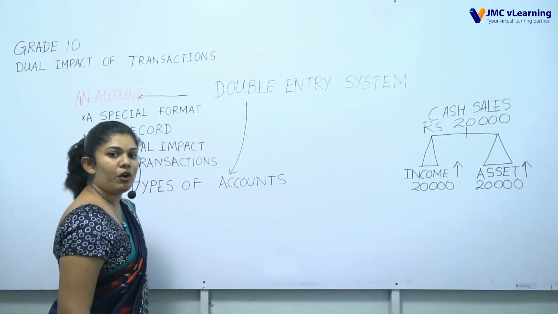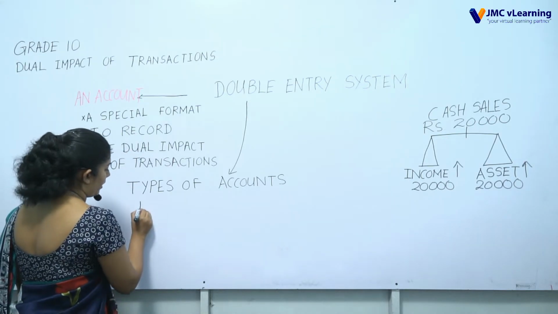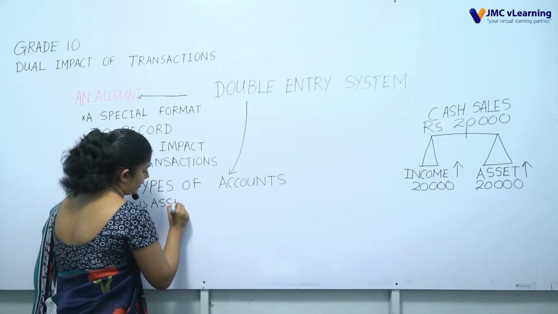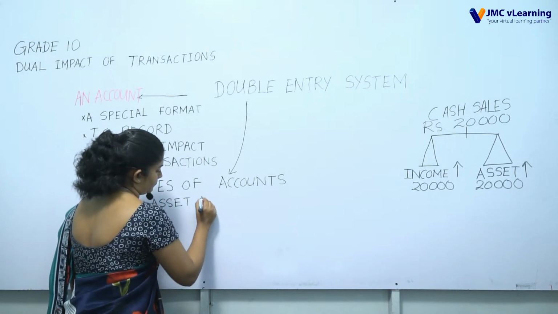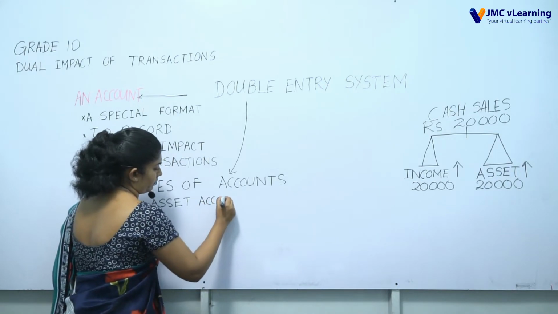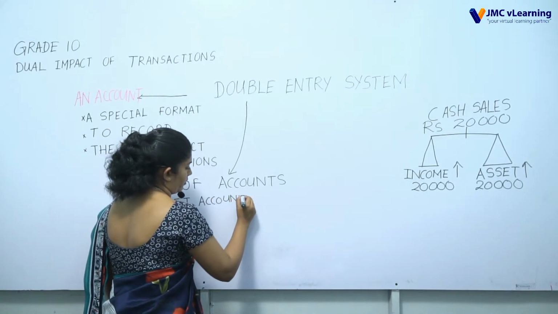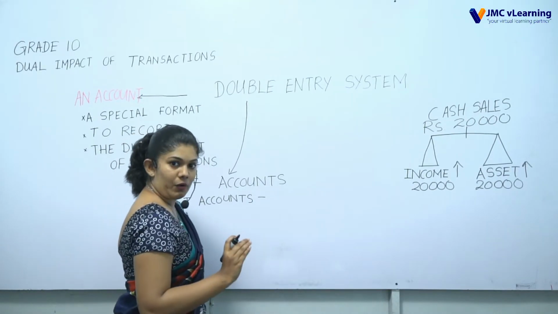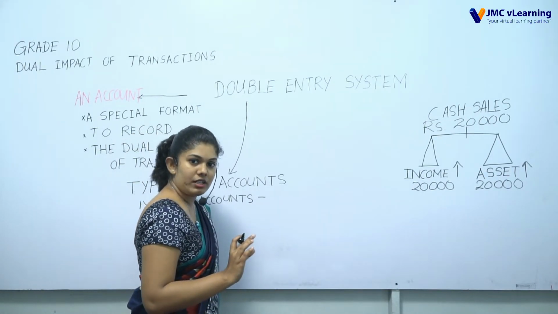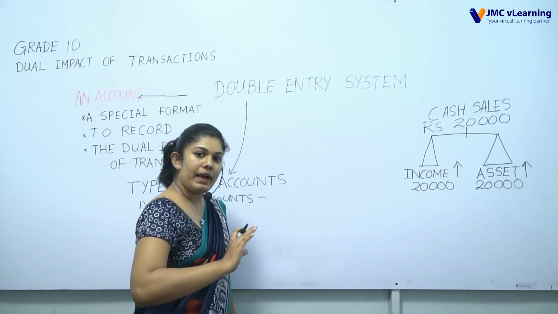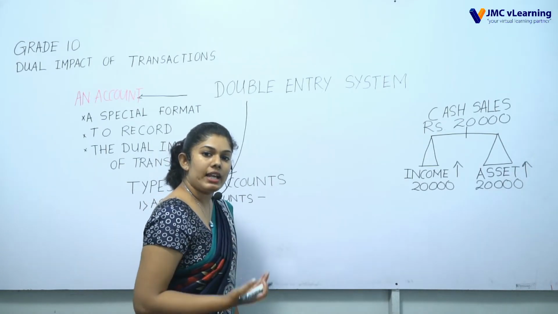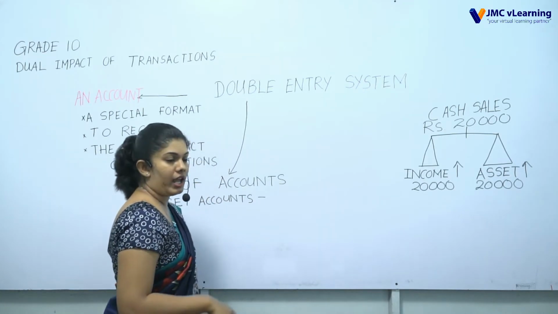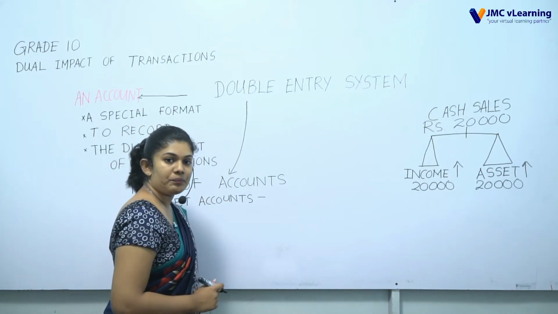You know those 5 already. Number 1, asset accounts. What are asset accounts? The accounts that record the impact that happens to the assets. Those accounts have separate, different names.